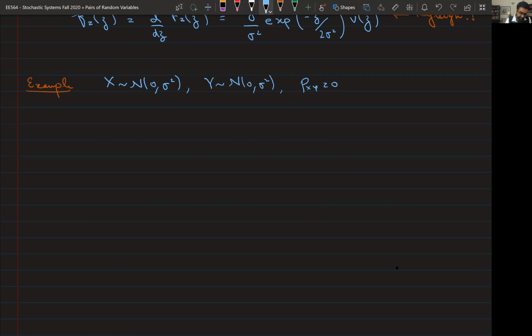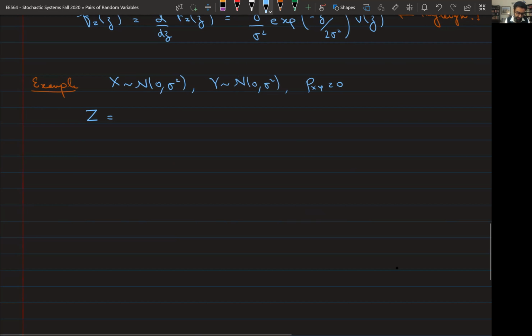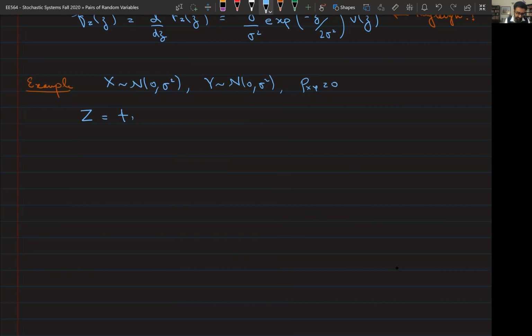But what the z is, see, x and y are coordinates, okay? Besides the distance from the origin, what else do we have? In polar coordinates, something else you have is the angle, or theta. So let's say z equals tan inverse y by x, right? Which is in fact the angle.